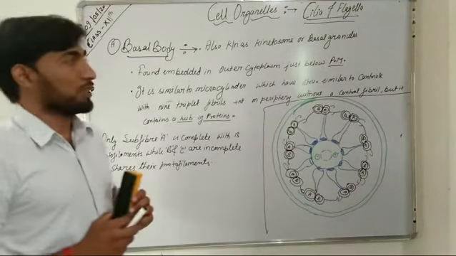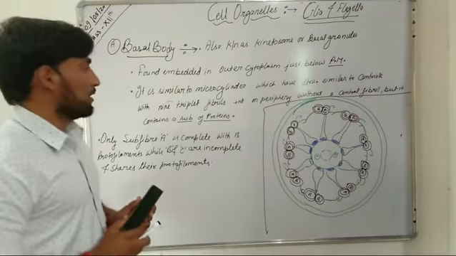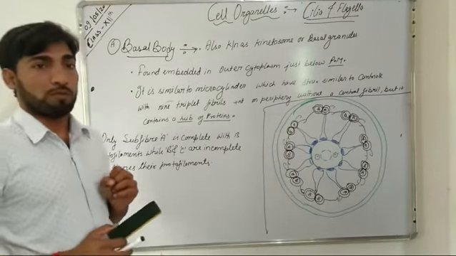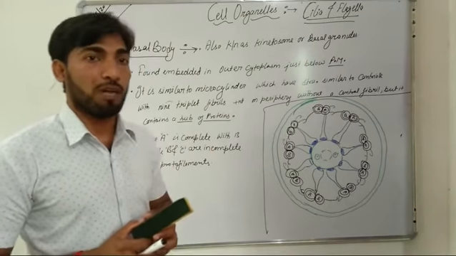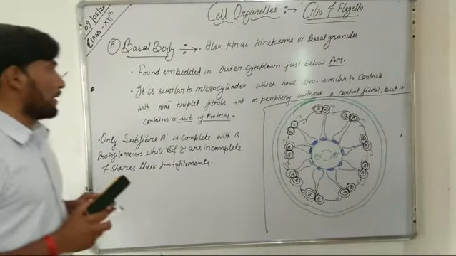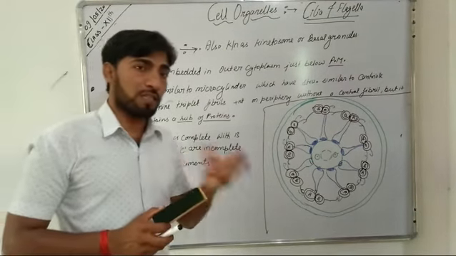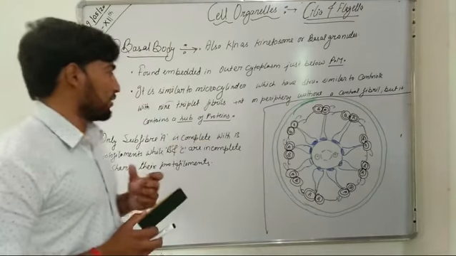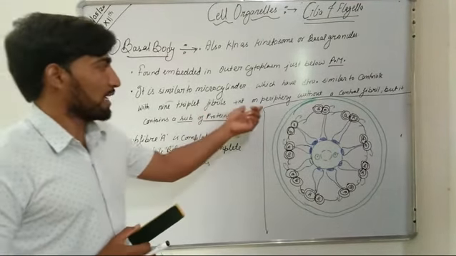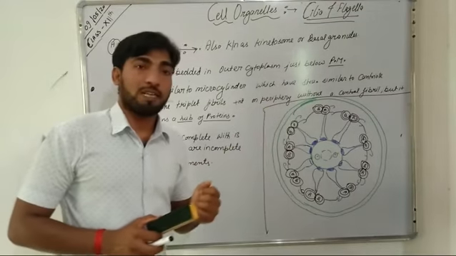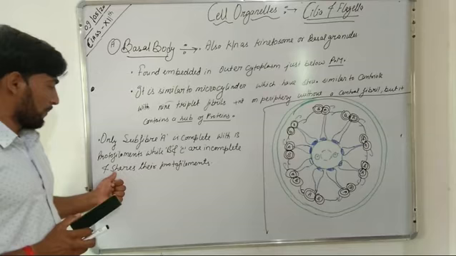This basal body is also known as kinetosome or basal granules. It is usually found on the outer part of the cytoplasm, just below the plasma membrane. It is similar to a microcylinder and has a structure similar to the centriole, with 9 triplet fibers on the periphery without a central fiber, but it contains a hub of proteins in the center.